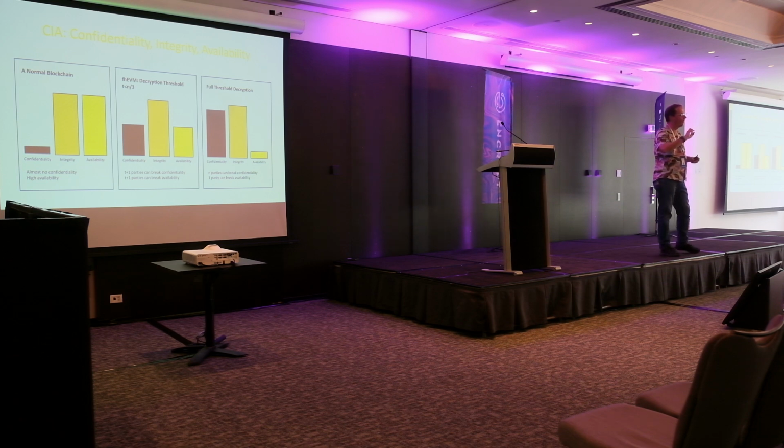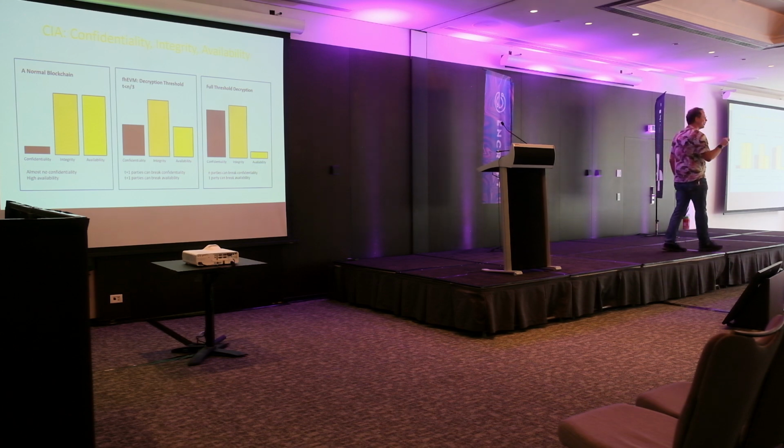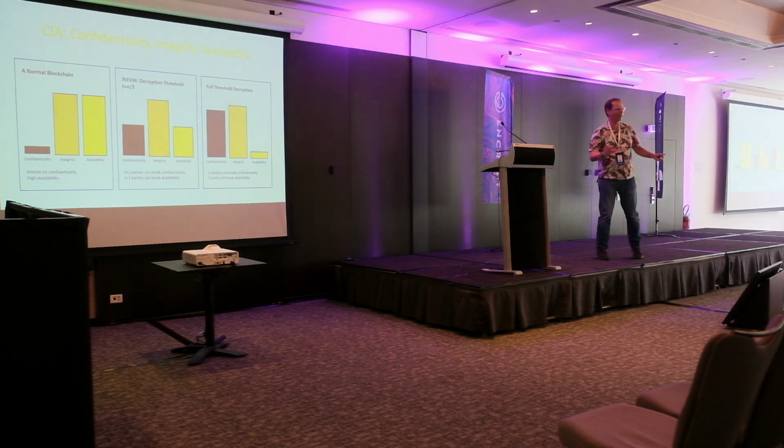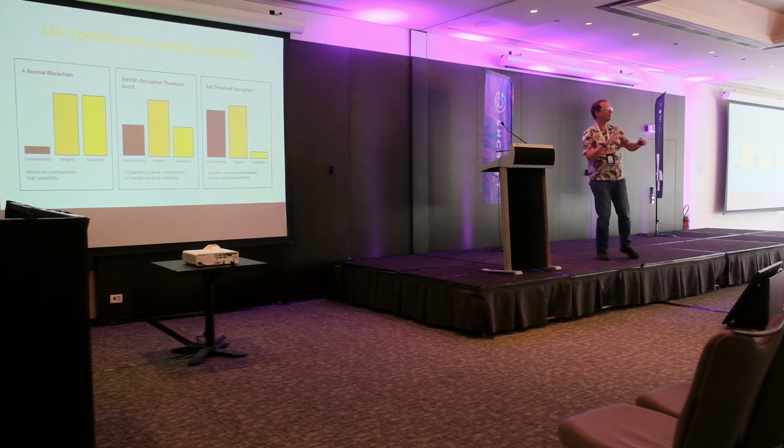Except two things happen. Number one is you need more communication. Computers get faster, but the speed of light doesn't. So asymptotically, as time goes on, FHE will beat MPC. We just know that's going to happen.